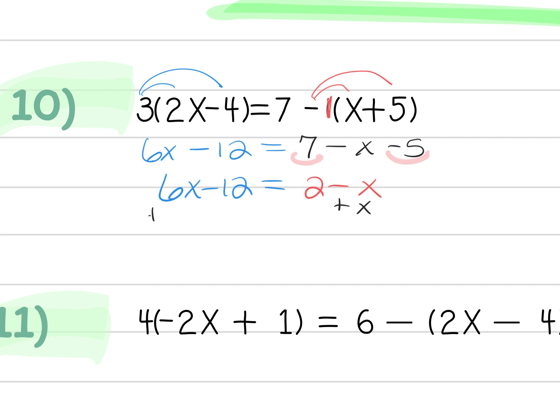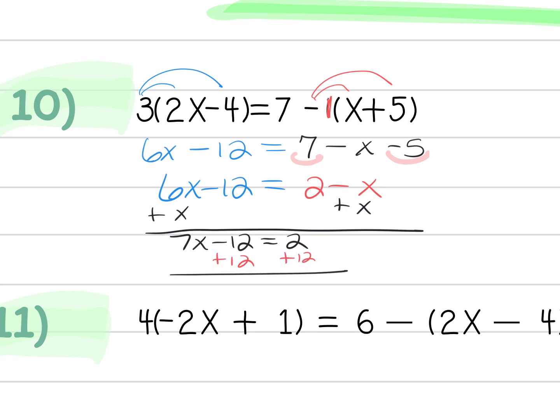I'm going to go ahead and add the x. And I get 7x minus 12 equals 2. Move the 12 now. 7x equals 14. And then divide by 7. And you get x equals 2.